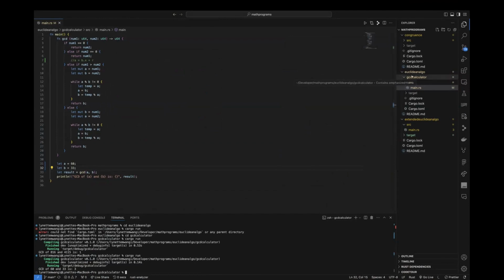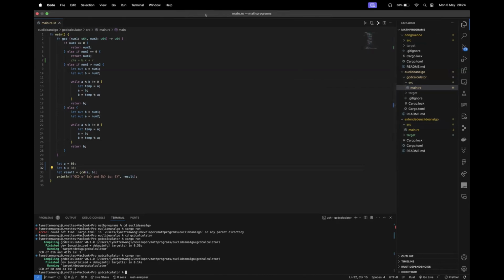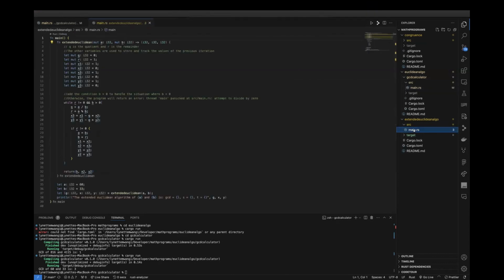Okay, so if there's no question, I'll move to the extended Euclidean algorithm. This one was a bit more difficult to implement, especially for the parts where we were rewriting the GCD using the two numbers.